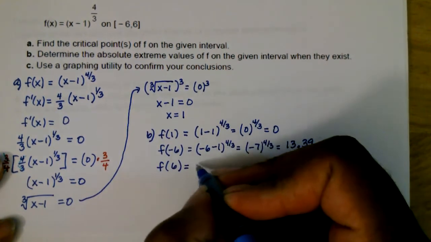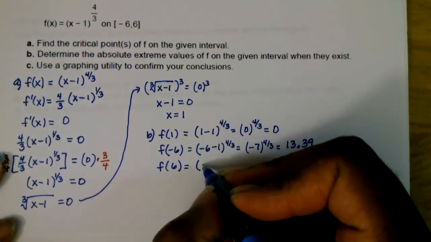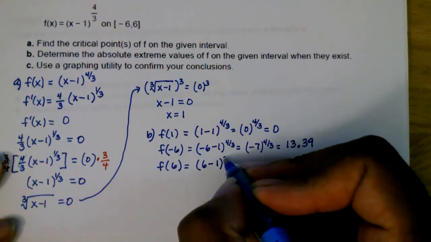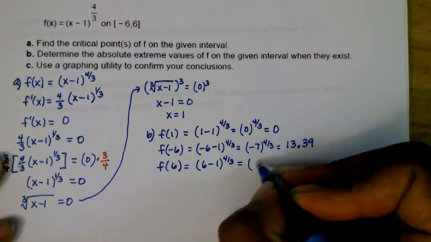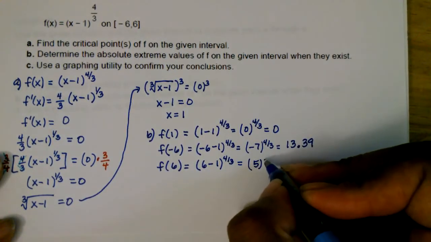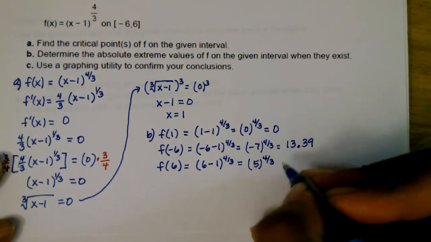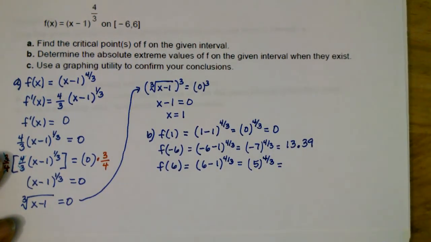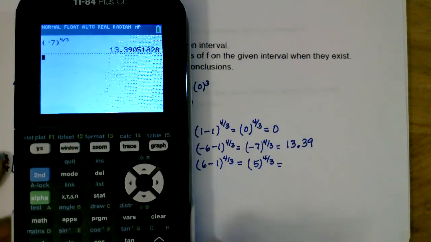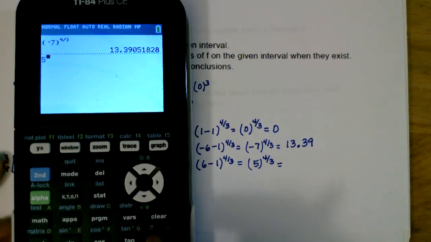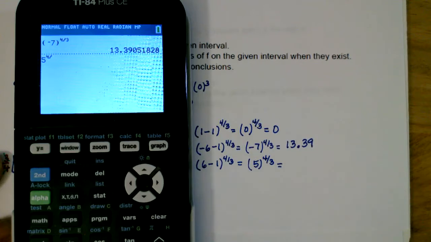And now for f of 6, this will be 6 minus 1 to the 4/3. And 6 minus 1 is 5, and that's going to be raised to the 4/3. So using a calculator, 5, hat key, 4 divided by 3.